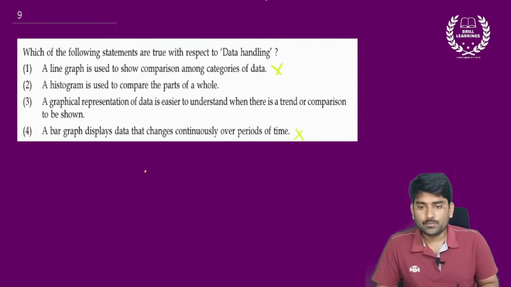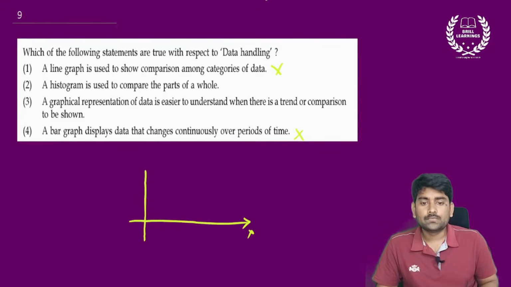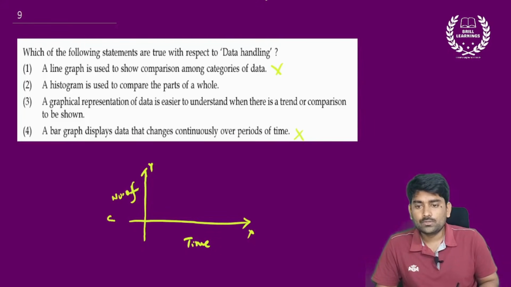For example, I am drawing this. On the x-axis, we have time. On the y-axis, for example, take number of students. So first year, second year, third year, fourth year, fifth year, like that.